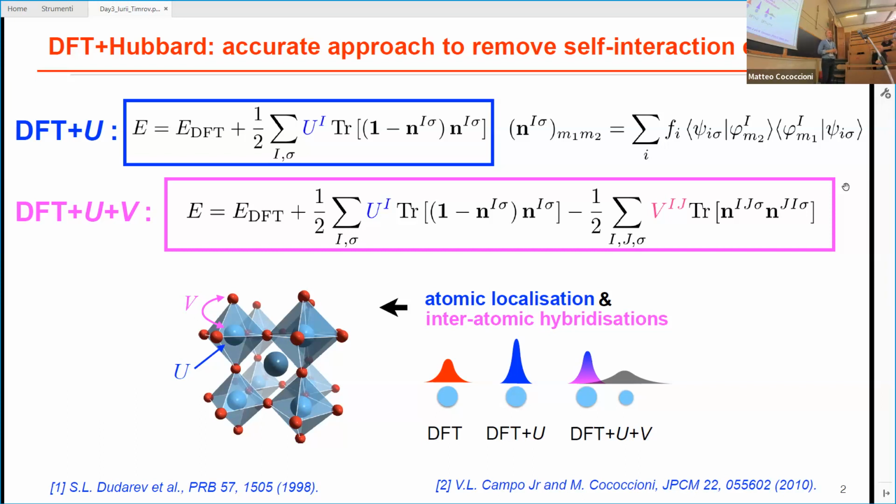And actually, there is another functional called DFT+U+J0, which was proposed by Matteo. But that functional seems to have some issues if you see this method as one that restores the plane wave condition. Actually, it's not just piecewise linearity, but it's plane wave. So essentially, to cut a long story short, there is still work to do for J. Yeah.